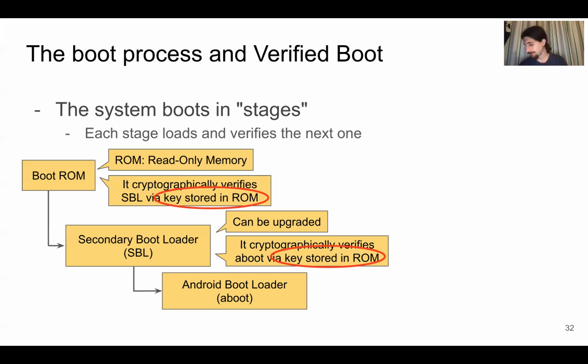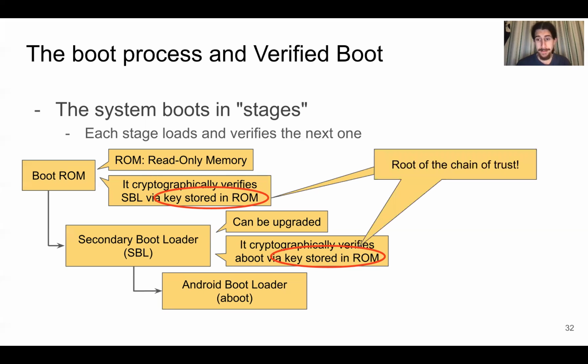I guess I'm talking too much for this quite simple concept. All right. We would call the boot ROM and the public key stored in the ROM the root of the chain of trust. Again, since you have multiple stages, you can define this as a chain, and the root of this chain is in the part that you cannot change, the boot ROM. Okay.